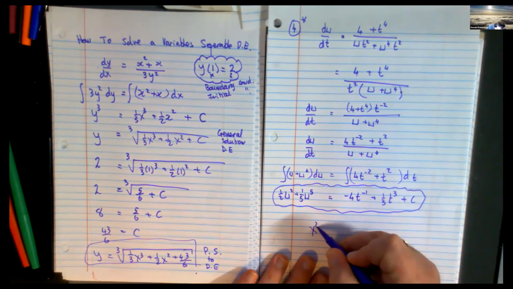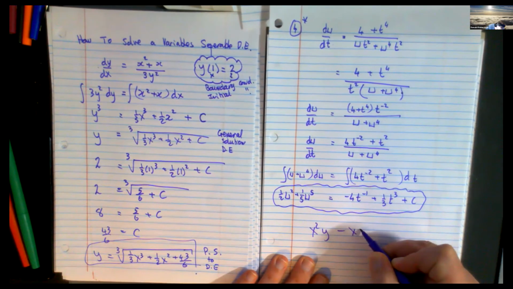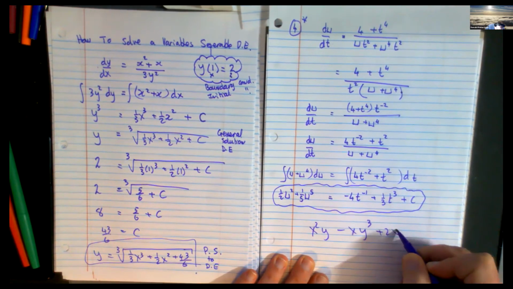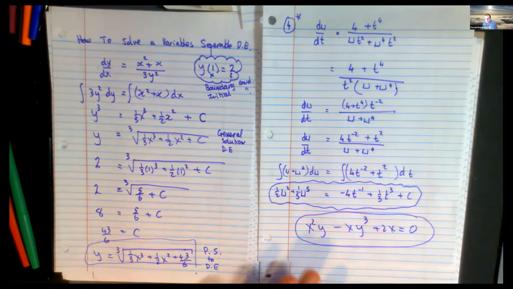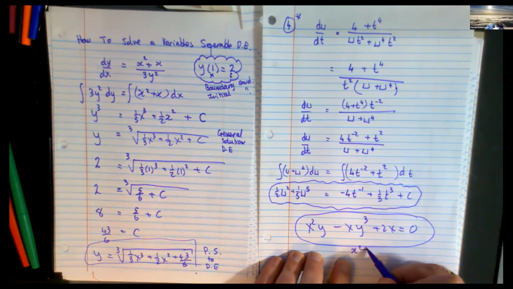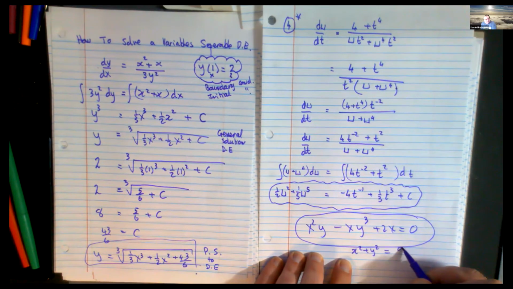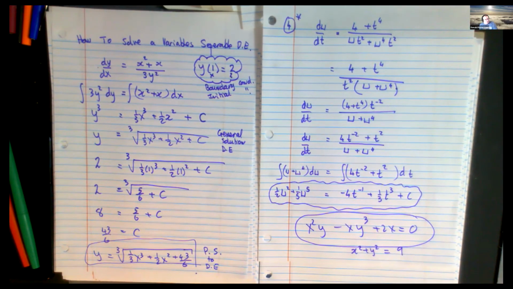Analogy. Way back in Calc 1, you came across functions, curves that look like that. The most likely one that you actually came across was x squared plus y squared equals 9. They're called implicit expressions, right? Implicit graphs.